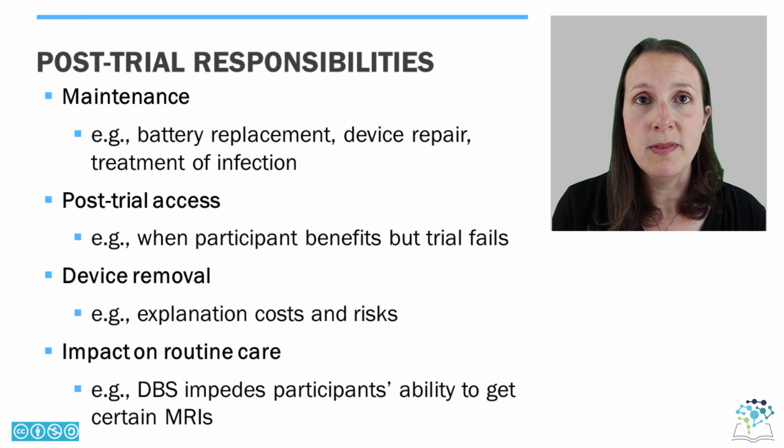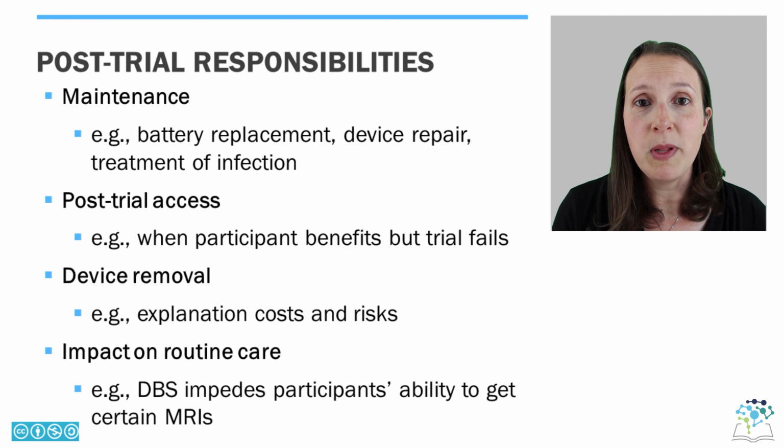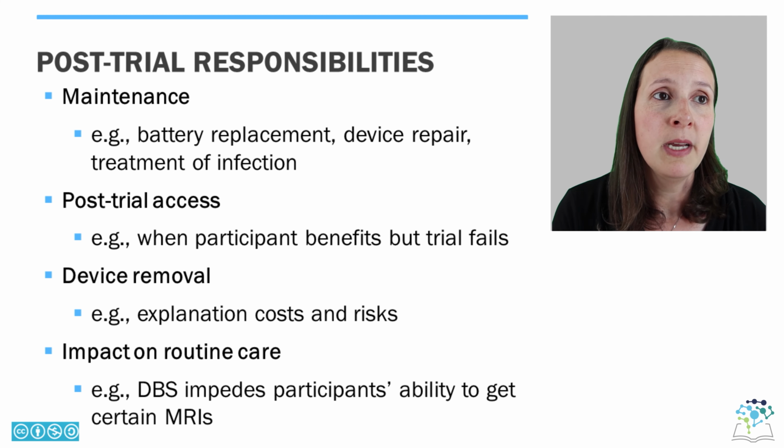Third, device removal. This is an important one because participants may not understand that explantation can be even riskier than implantation, and that in some cases explantation might not even be possible. And again, as illustrated by the Broaden trial, what if they experience health complications that may be loosely tied to the research? Who covers those costs?